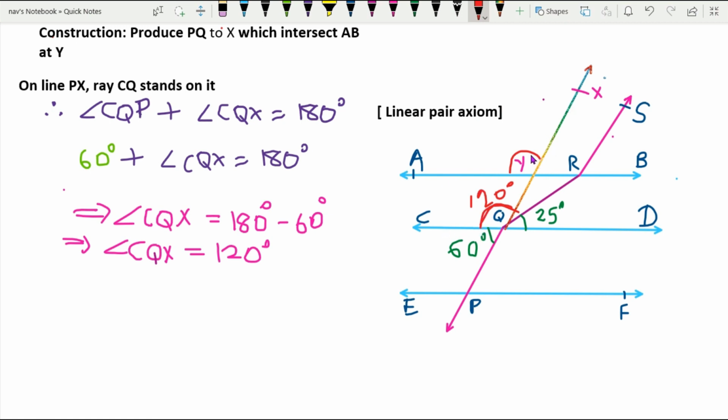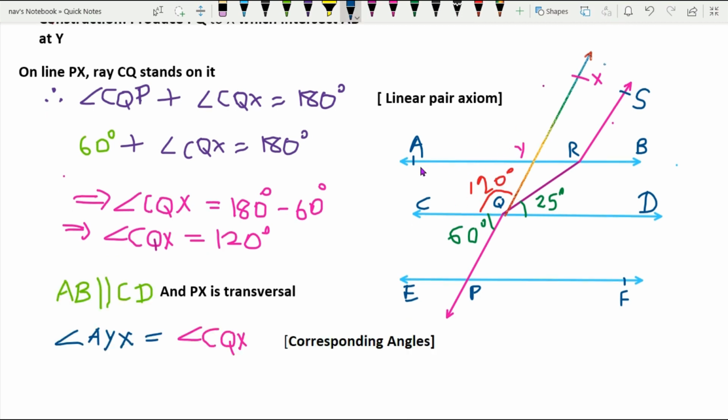What's the reason? Because they are corresponding angles. They are on top of each other. So they are corresponding angles and they will be equal. So we just wrote that line AB is parallel to CD and we took PQ as transversal. Angle AYX will be equal to angle CQX. Reason, corresponding angles.